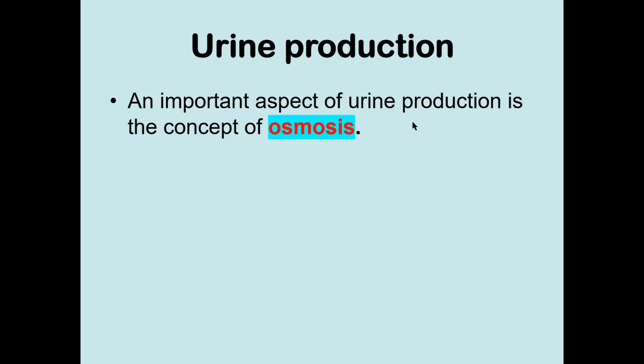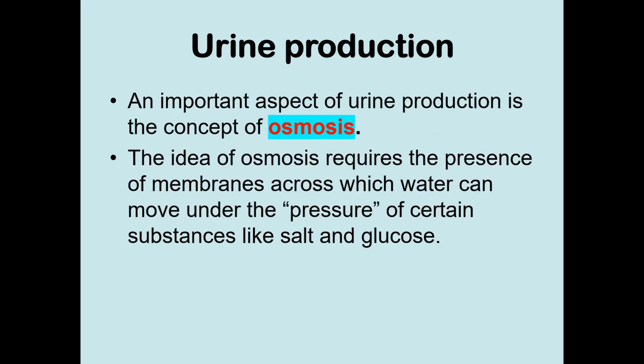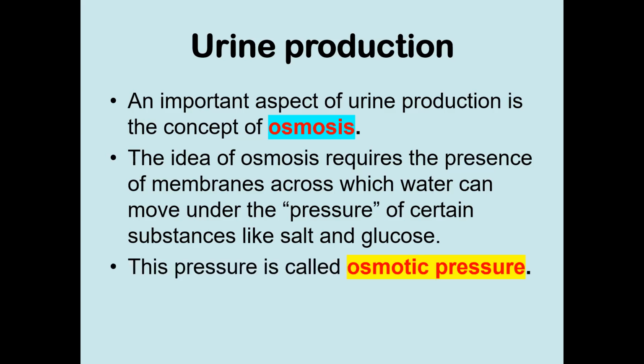But osmosis works. You need to have a membrane, and you need to have water, and you need to have some molecules like salt. Well, salt is not a molecule in water because it's ions, or glucose. And the concentration difference between the two sides gets movement of water going, and that's osmosis.